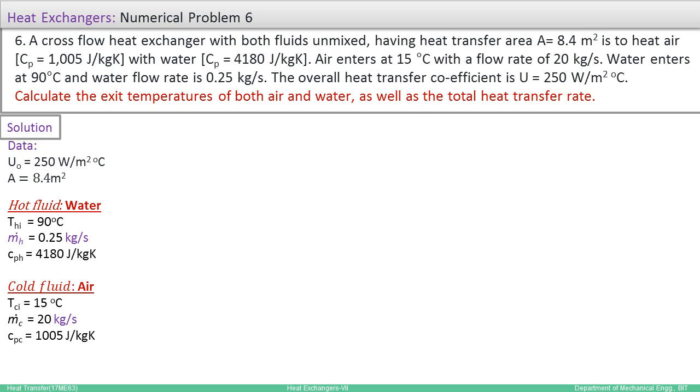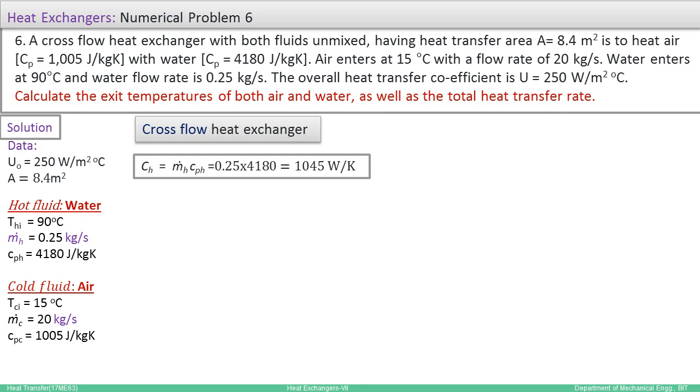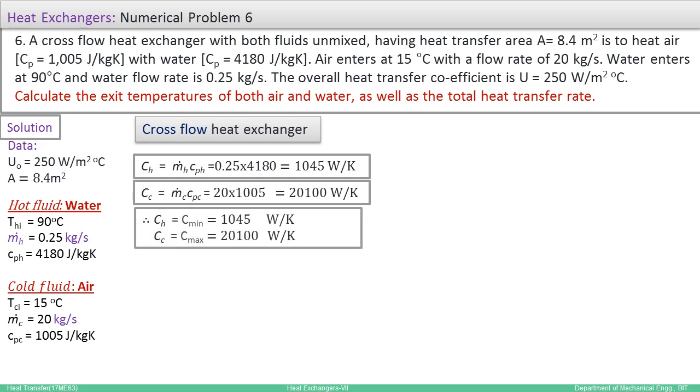U and A are given. For a cross flow heat exchanger, we will work out the heat capacities. CH is 1045 watt per Kelvin. CC is 20100 watt per Kelvin. The minimum is CH and the maximum is CC.